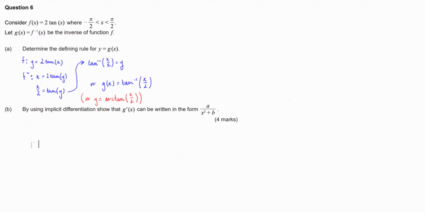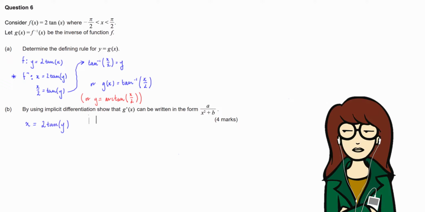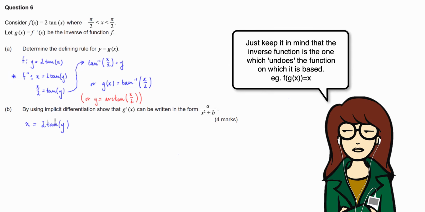Okay, the second part of this question is asking us to use implicit differentiation to show that the derivative of this inverse function can be written in the form a over x squared plus b. So first of all, let's rewrite this inverse function, where we've got x equals 2 tan of y. Now using implicit differentiation, we're going to differentiate both sides of the equality.